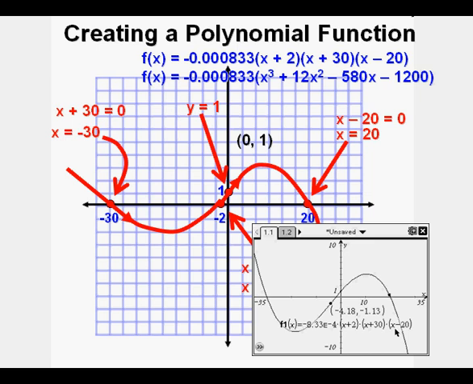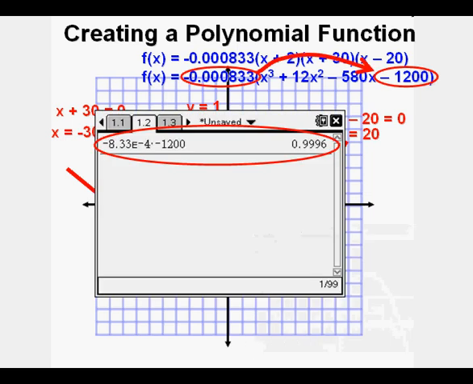We could distribute the value of a, negative 0.000833, to all the terms inside parentheses, but that will not really help us understand the situation any better, except in multiplying negative 0.000833 times the last term inside, which is negative 1,200, which will give us our y-intercept, which shows here at 0.9996. That's very close to 1, and would be 1, except the negative 0.000833 is itself a rounded off number and not exact.